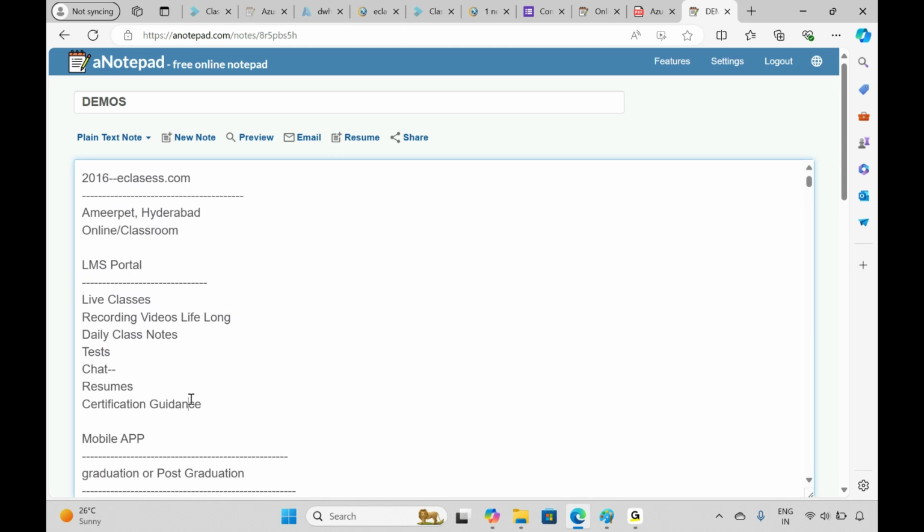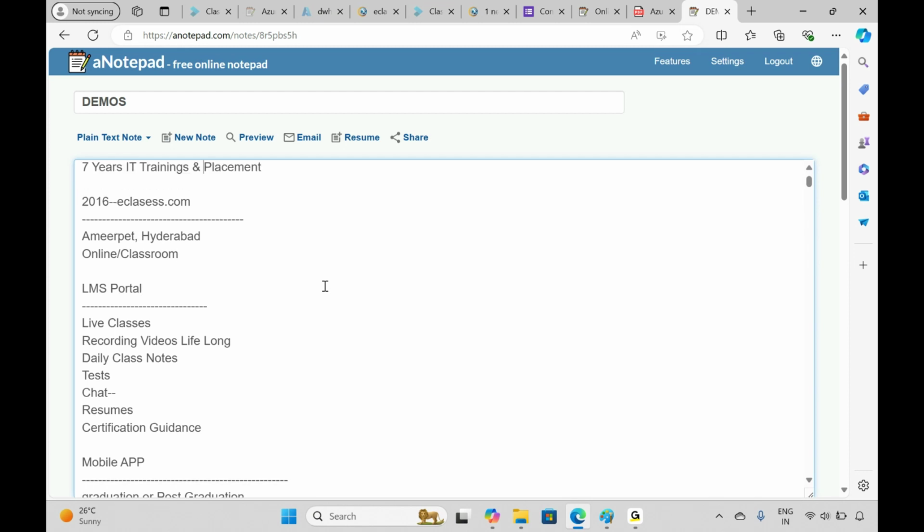In these 7 years of training experience, I have designed a clear roadmap for the students who are going to learn the Azure data engineering course and are looking for placement assistance. E-classes is offering an LMS portal as well for the students who want to learn these different courses.